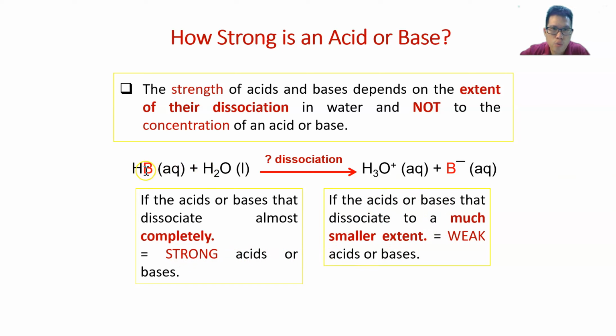So what it means is that after dissociation in the solution, if you find that here is 0%, or maybe 1%, and this one 99%, what does it mean? It's complete, 99% here. It means that it directly donated 99% of the hydrogen ion. So that is a strong acid.